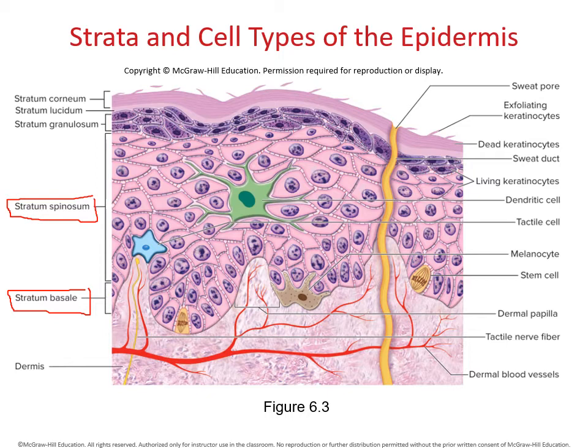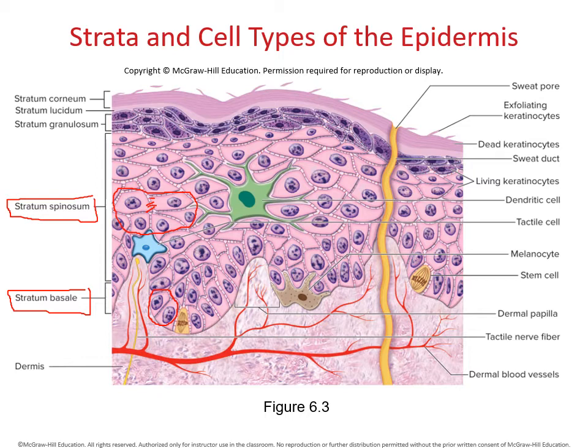But more importantly, if you take a look at the morphology of the stratum basal, I'm just going to circle some skin cells, versus the morphology of the stratum spinosum, you're going to see that the keratinocytes are more elongated, more spiny, and you see these tiny little lines that they've drawn connecting the cells. Those are indicative of the cell junctions they're forming. So the cells are interacting with each other a little bit more.